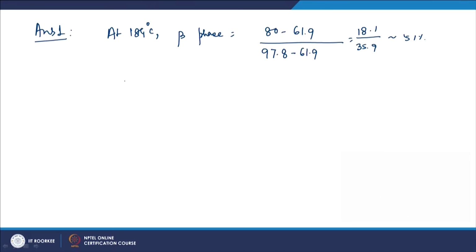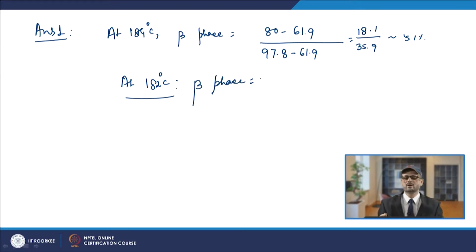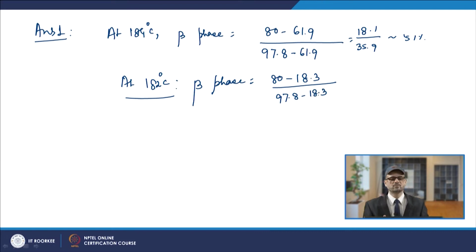At 182 degrees centigrade, the beta phase will be, as you know beta is on this side, so as per the lever rule you will go towards the left. It will be 80 minus 18.3 divided by 97.8 minus 18.3, so it will be approximately 78%.